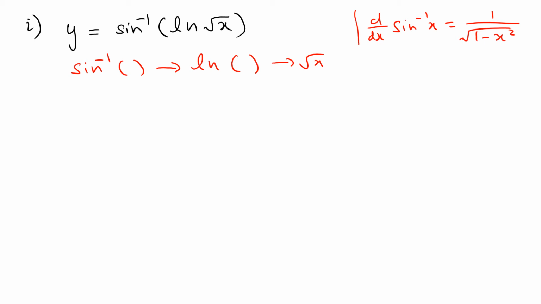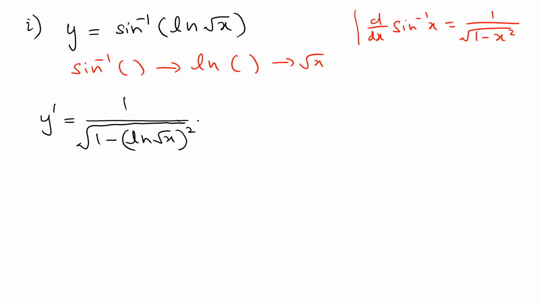So that means we can write the derivative now. y prime is equal to 1 over the square root of 1 minus the inside function squared. Here the inside function is ln of square root x, whole thing squared, under the square root, and then times the derivative of the next function.